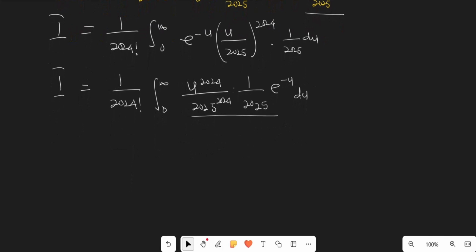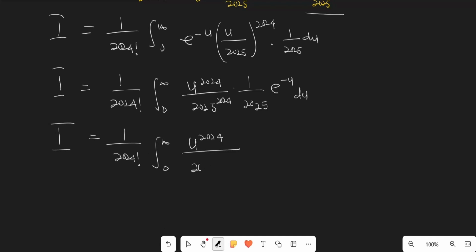Can combine this using the laws of indices. That is 1 all over 2024 factorial, the integral from 0 to infinity of u raised to the power 2024 divided by 2025 raised to the power 2025, e to the negative u du.